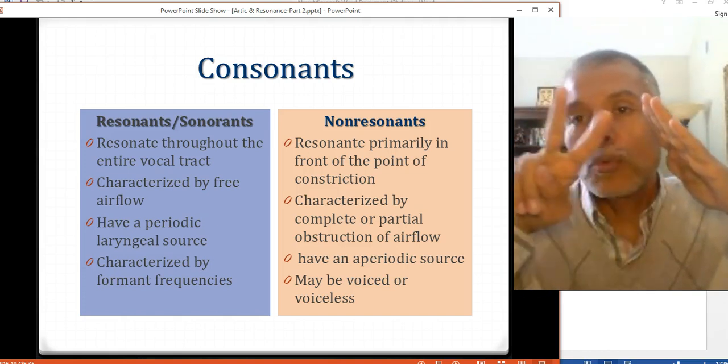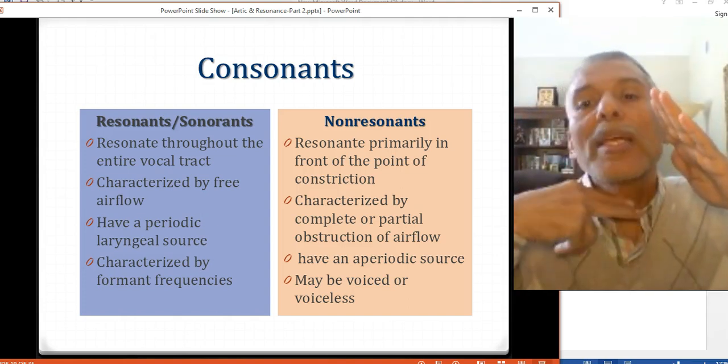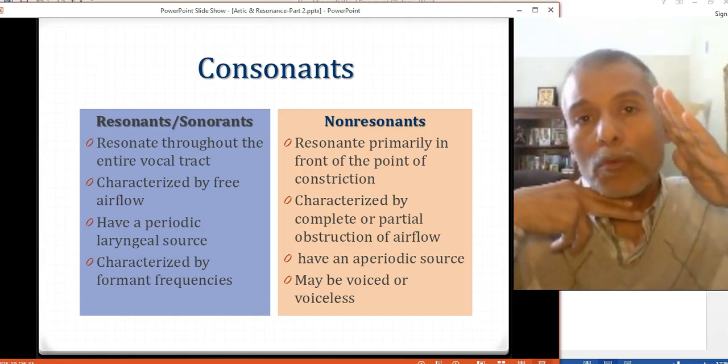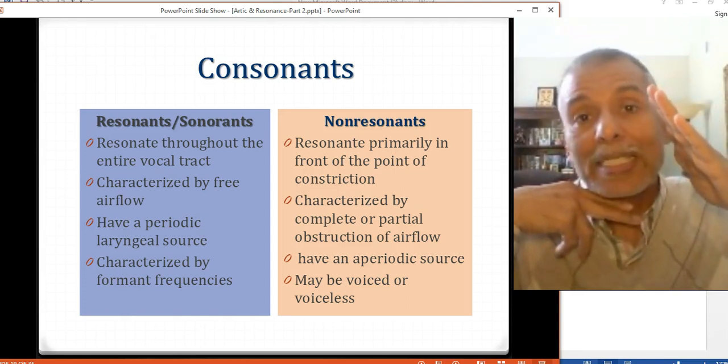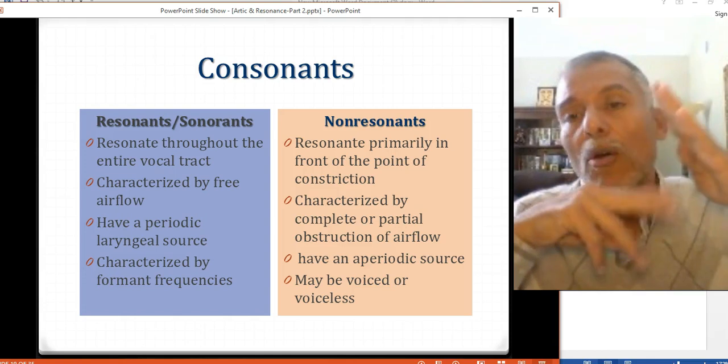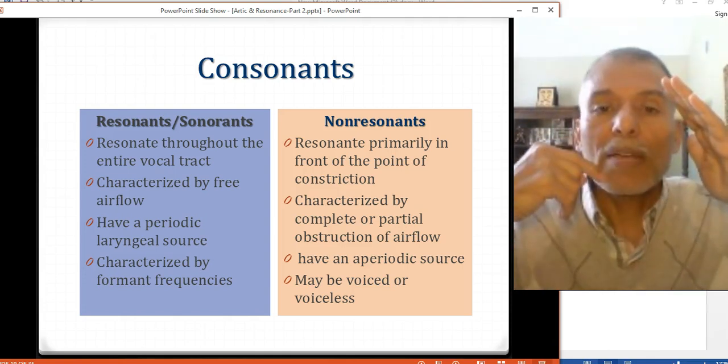How about voiced non-resonant sounds? Voiced sounds have two sources for the tone. They have a pure tone from the vocal folds. They vibrate. This is why we call these sounds voiced. And they also have noise created in the oral cavity.